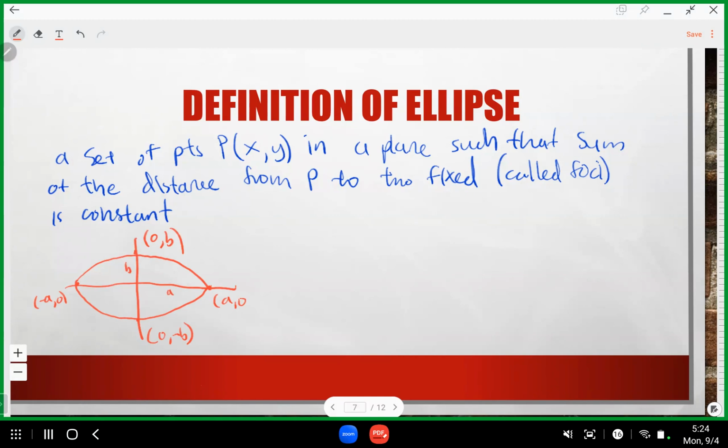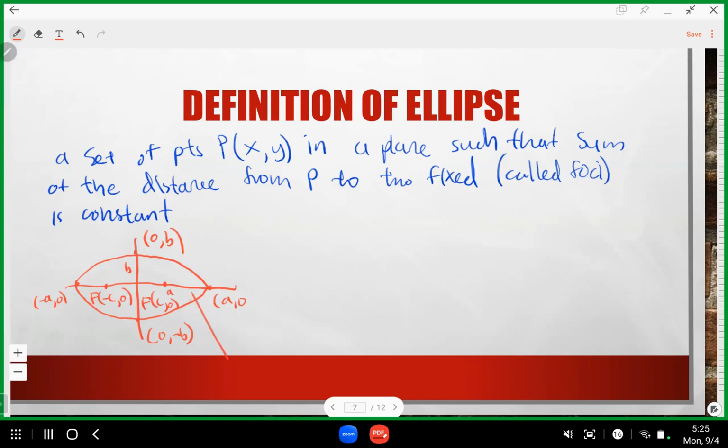So now we can have c, which is the foci: (c, 0), and this is (-c, 0). Okay? So that is basically what an ellipse looks like.